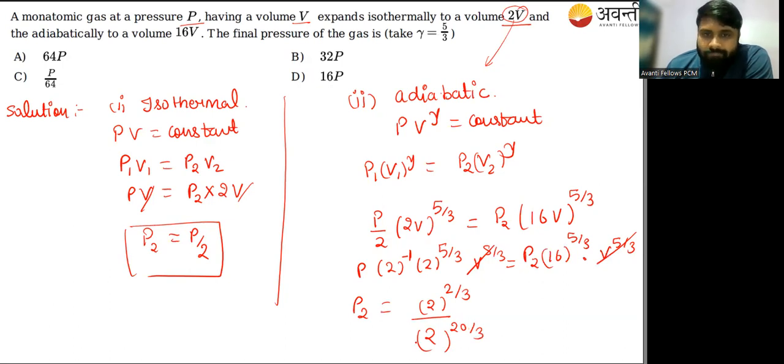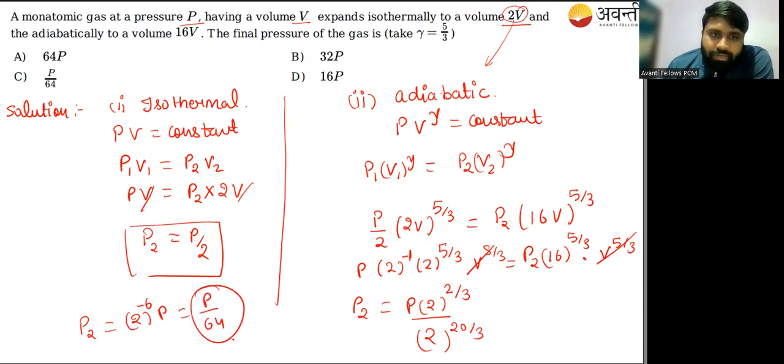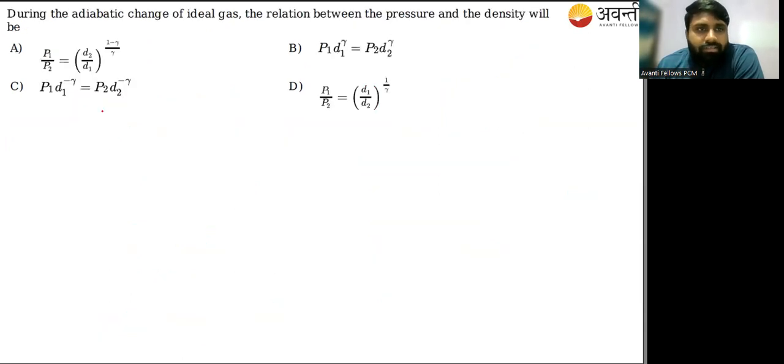So finally, P2 you have as P into 2 raised to the power minus 6, which is nothing but 1 by 64. So the final pressure you have as P by 64. Option C is the correct one. Now move on to the next.